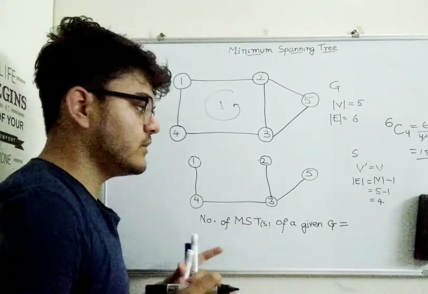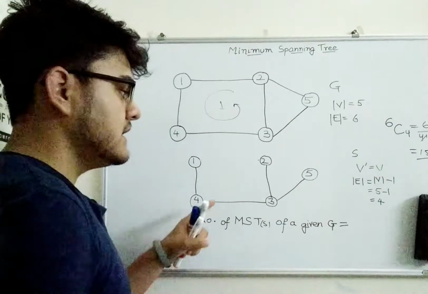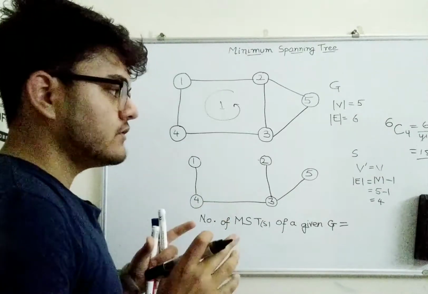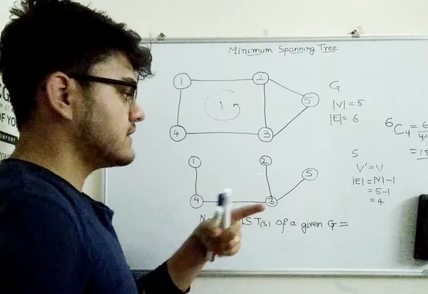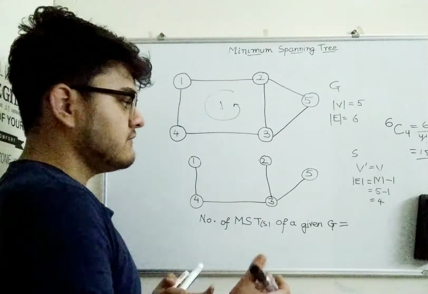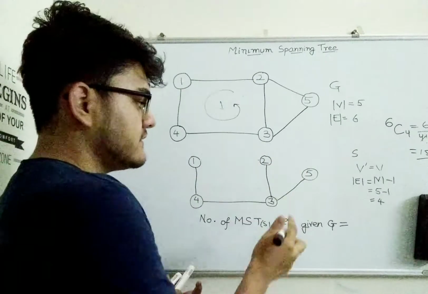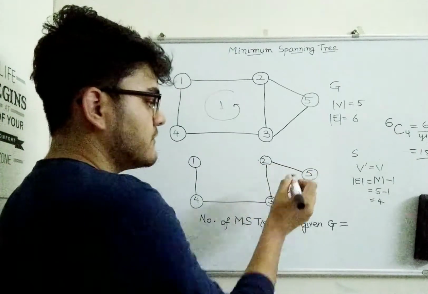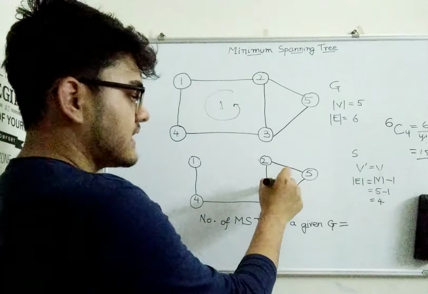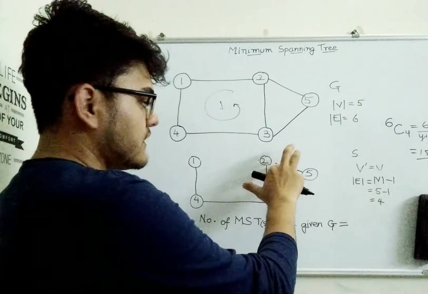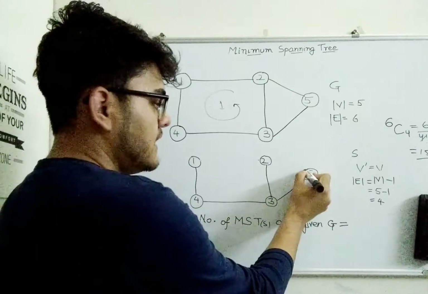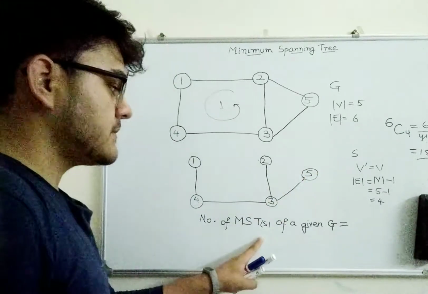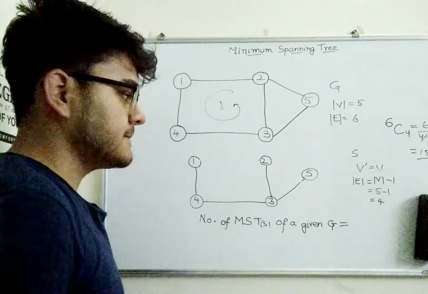One important point to note about minimum spanning trees is that a minimum spanning tree should not contain a cycle. You can see that in this minimum spanning tree there are no cycles. If I had not removed 2 edges, and had removed only 1 edge, there would be a cycle here. So that's why we need to remove these cycles. We will not consider those spanning trees which have cycles in them.